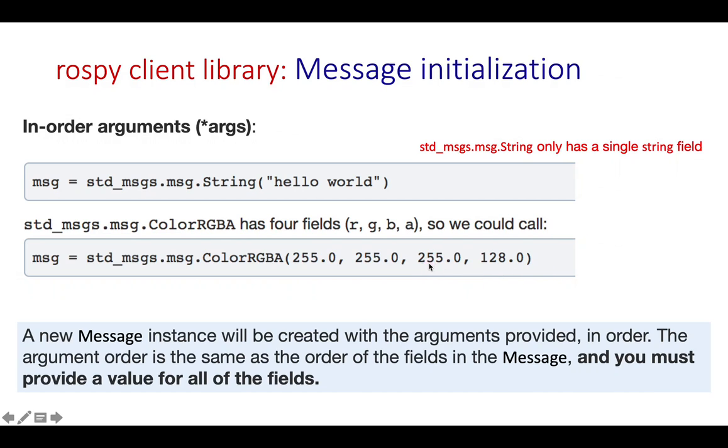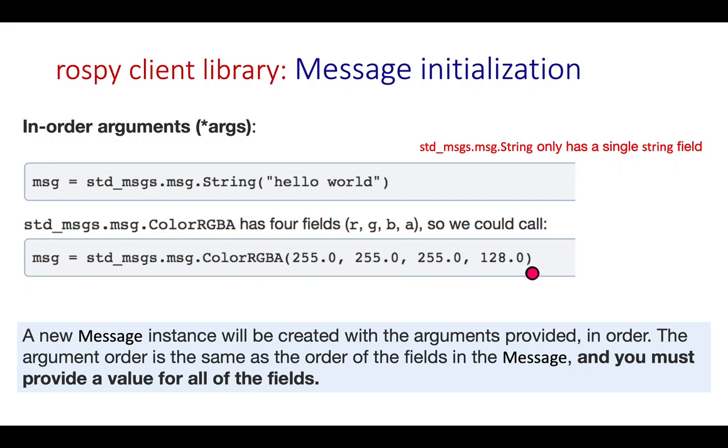You cannot leave anyone or skip one out. It will throw a warning. So when you invoke a message using this style called in-order arguments, you have to provide a value for all of them and in order. That's where I guess in order comes from.